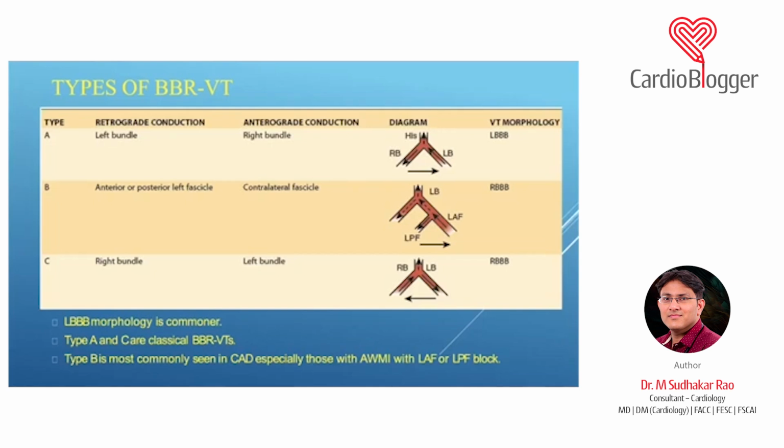So that is something which you should know. The RBBB morphologies are less common than LBBB morphologies. In LBBB morphology, the antegrade conduction occurs via the right bundle and the retrograde conduction occurs via the left bundle. So that is something which you should know.